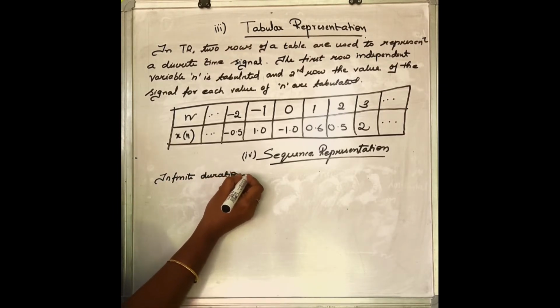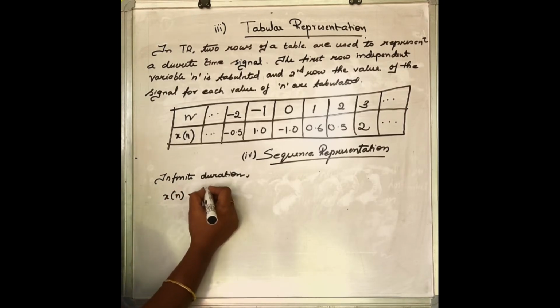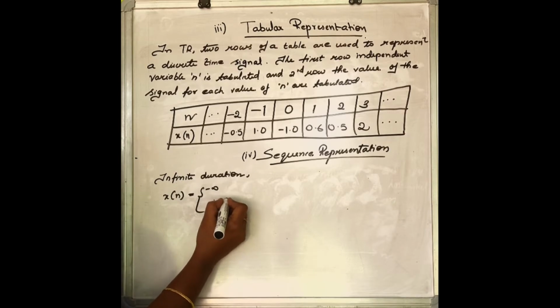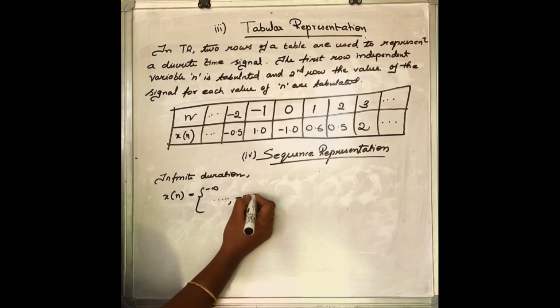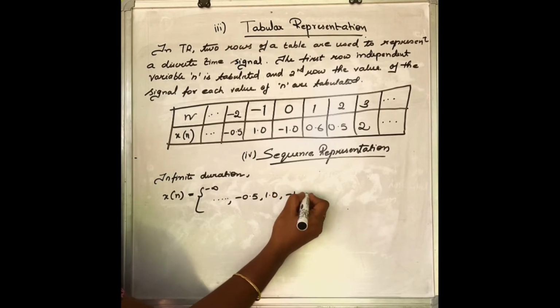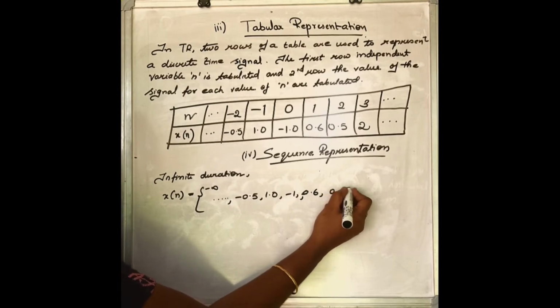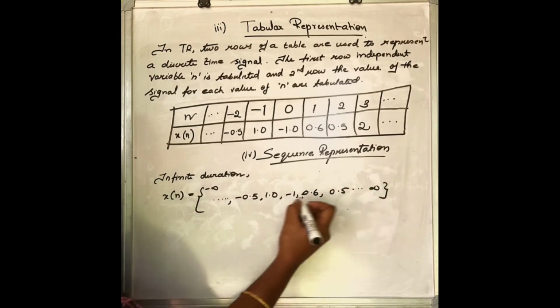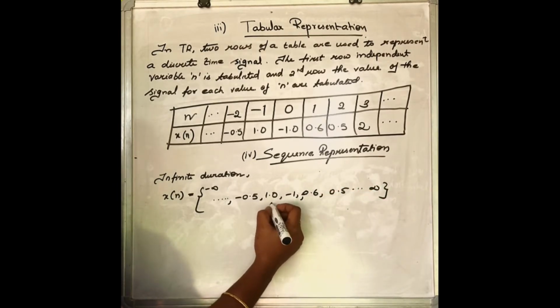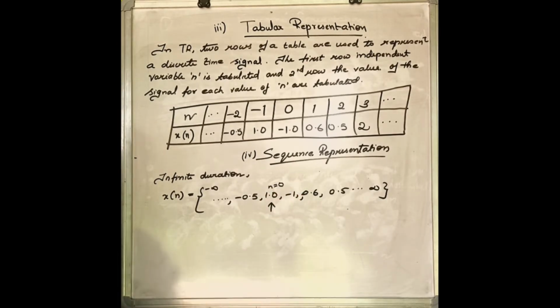For infinite duration, the representation of x of n is -0.5, 1.0, -1, 0.6, 0.5, and goes on till infinity. Now we have to draw the arrow at the center point. This indicates n is equal to 0.